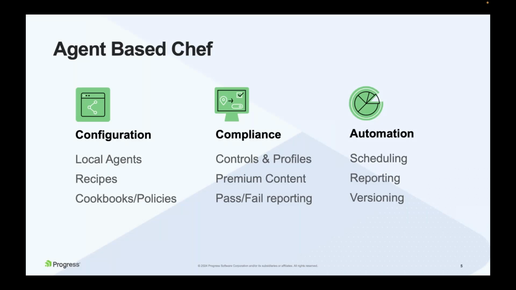As we get started, if you're familiar with Chef, and specifically the Chef client, you know that there's a lot of very cool benefits and features that it provides. Some of the big things are the ease of configuration: being able to have cookbooks, policies, and recipes that all define how my systems should be set up, how they should be configured, and ultimately continue to check and make sure that they're configured that way and correct them when needed.